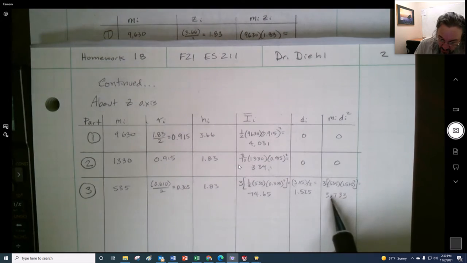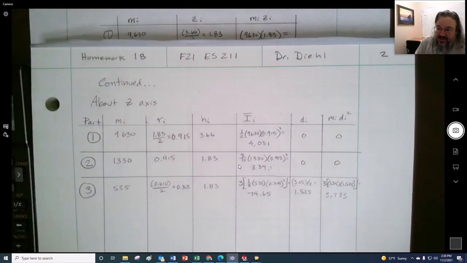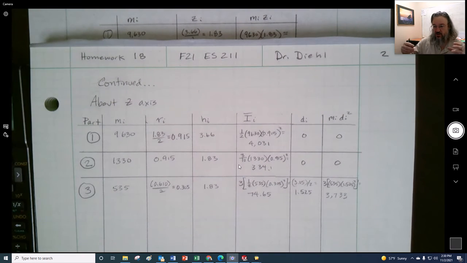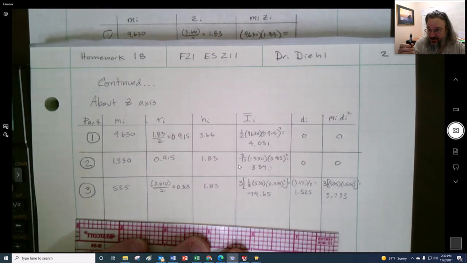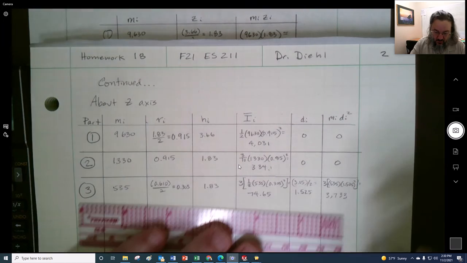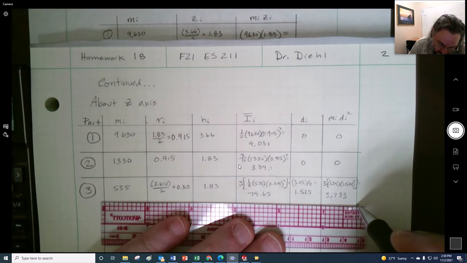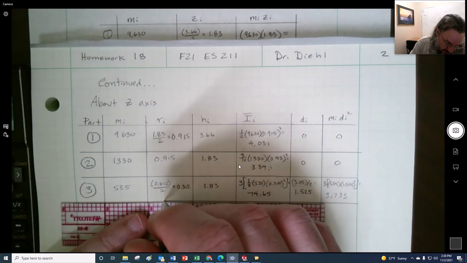Now, noteworthy how big that is. That's almost as big as that entire big cylinder, and that's all because of how far away they are. Their actual individual rotation about each one is not that insignificant, but the fact that they're away from the center really packs a punch.